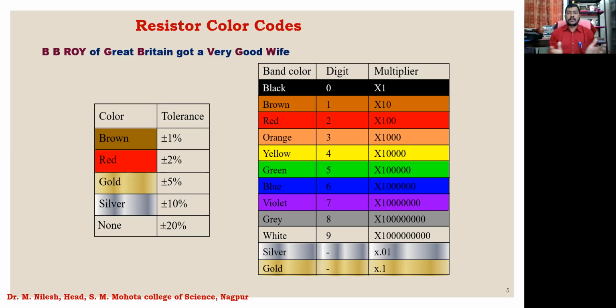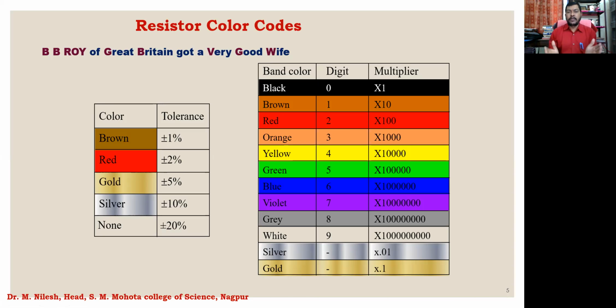Say the resistance value is calculated as 100 ohms, and the fourth band is silver, then it is having plus minus 10%, which means 100 plus 10, that is 110, and minus 10 means 90. So the resistance may vary from 90 to 110 ohms. It will not show you actual 100, right?